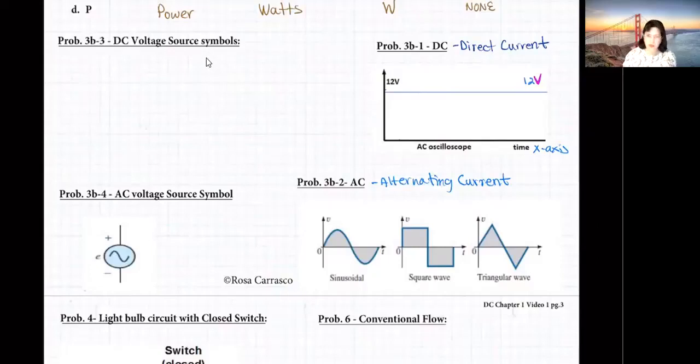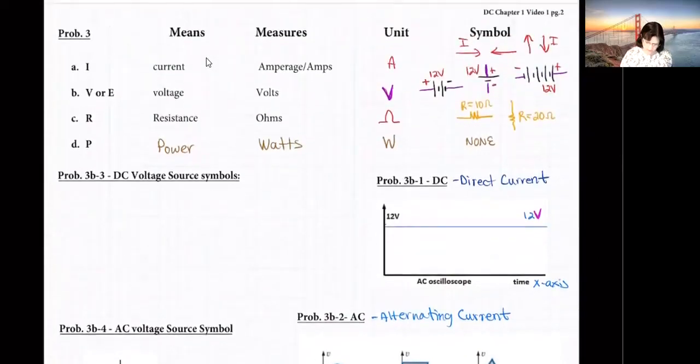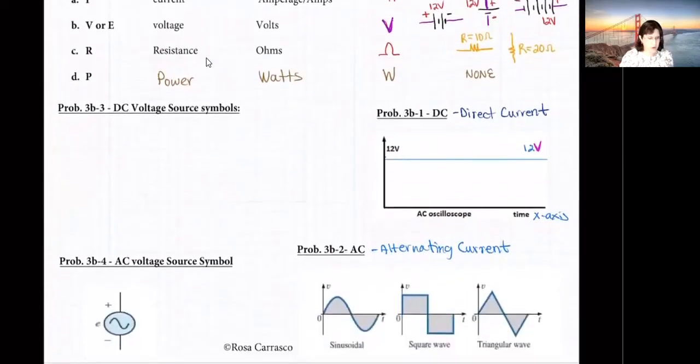We saw it over here for a little bit, but I just wanted to show you something, okay? When we're talking about DC, we're talking about one long line and one short line.